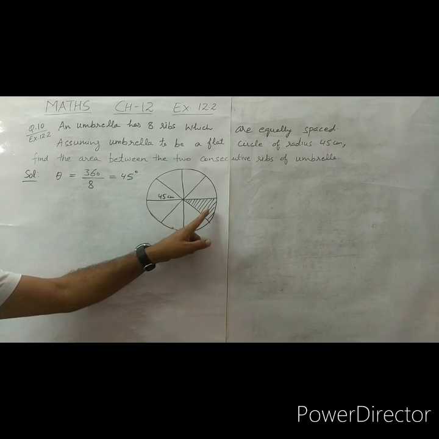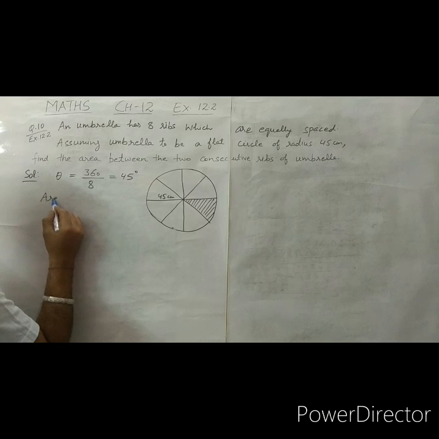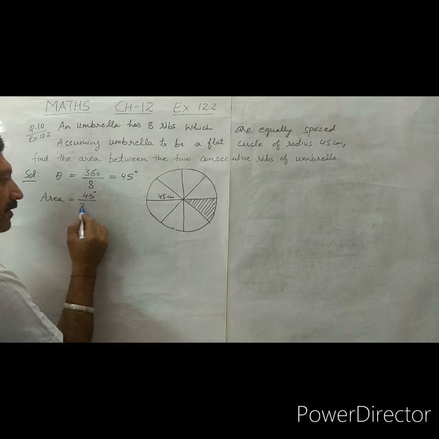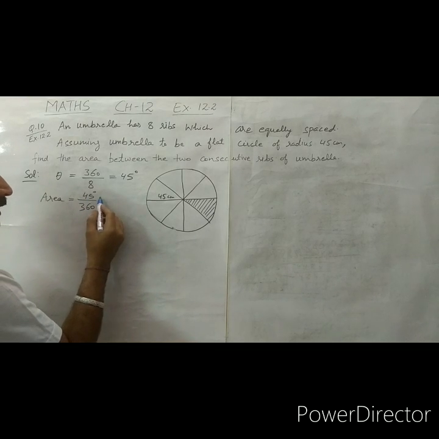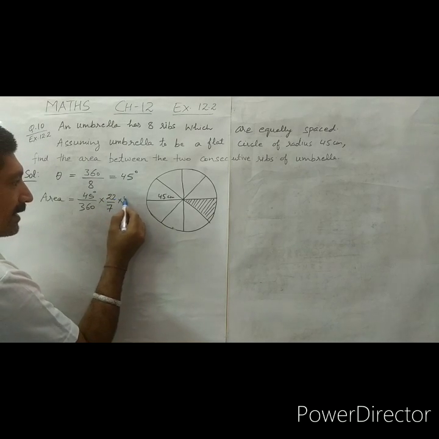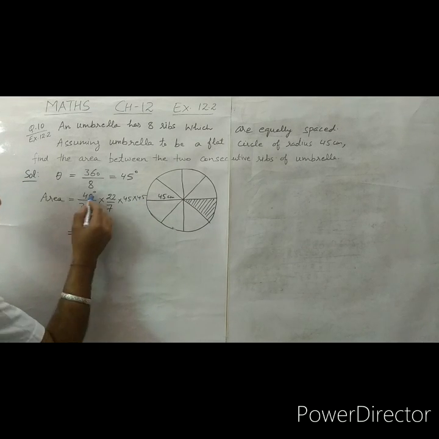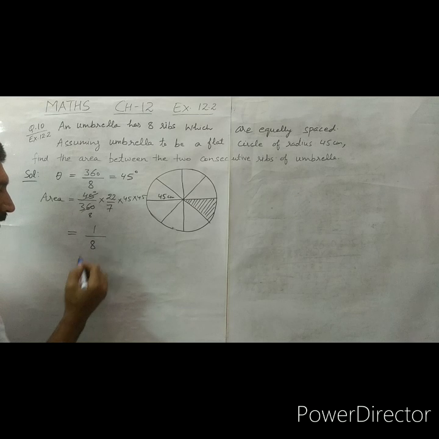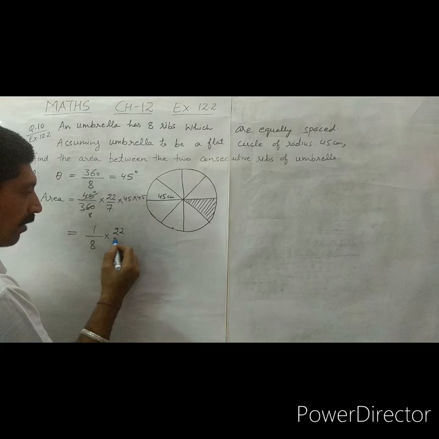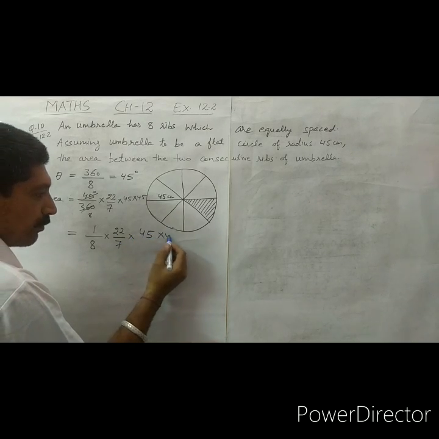So area of the shaded region is equal to theta upon 360, which is again 1 by 8, pi here is 22 upon 7, and R is 45 into 45. So we have 1 upon 8 into 22 upon 7 into 45 into 45.